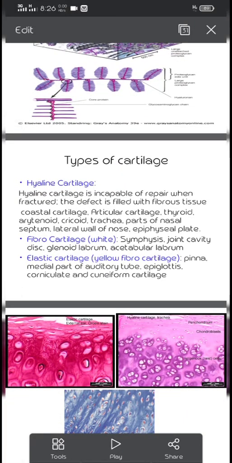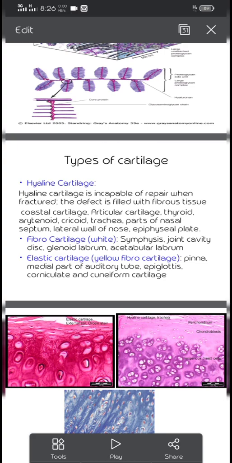It is incapable of repair. It does not repair itself if it is fractured, and the defect is filled with fibrous tissue. That means the working capacity of the cartilage is affected once it's fractured or broken down.